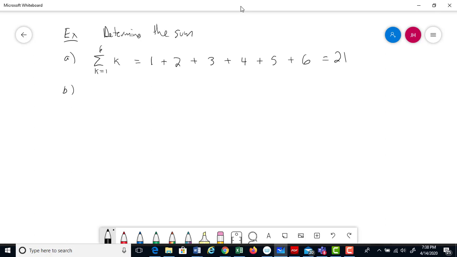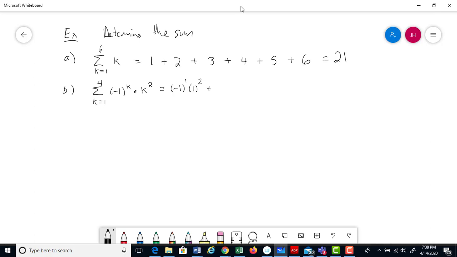B. The summation of k equals 1 to 4 of minus 1 to the k multiplied by k squared. So I'm going to have 1, 2, 3, 4 terms, because I start at 1 and end at 4. For the first term I plug in k equals 1, so minus 1 to the 1 times 1 squared.